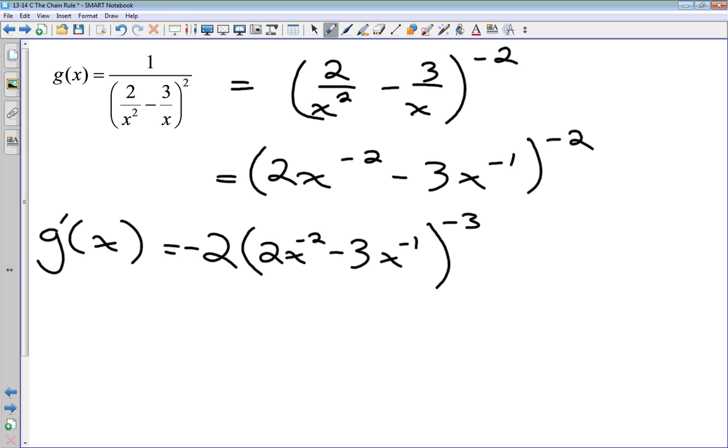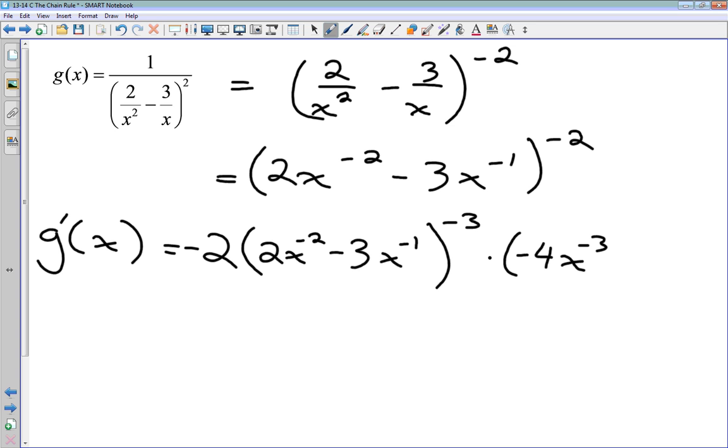Then we're going to multiply by the derivative of what is inside those brackets, or that base for our power law here. So the derivative of 2x to the negative 2 is going to be, well, we bring down the negative 2 to get negative 4x to the negative 3, subtracting 1 from our exponent.